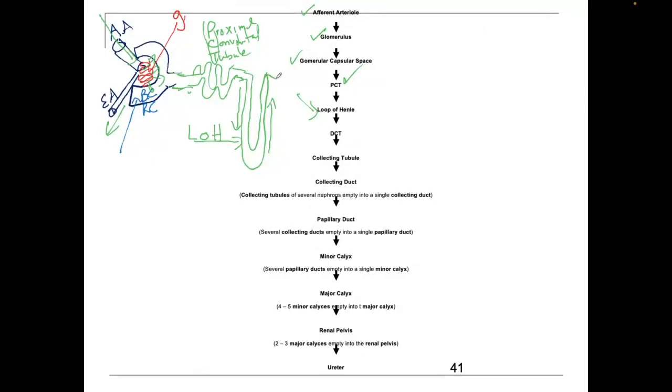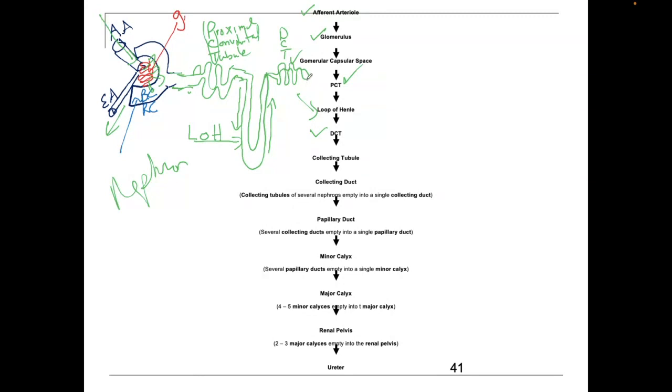Then we're going to create another convoluted section. If this is the proximal convoluted tubule, then maybe we should call this the distal convoluted tubule, which is the DCT. This is all parts of the nephron. What we're looking at here, these are all different parts of the nephron.